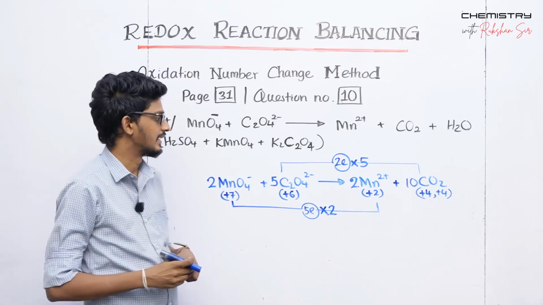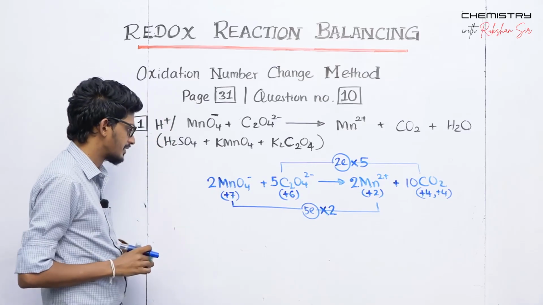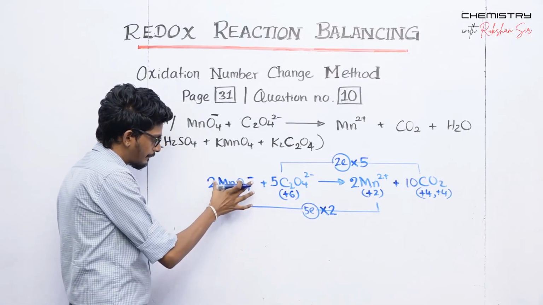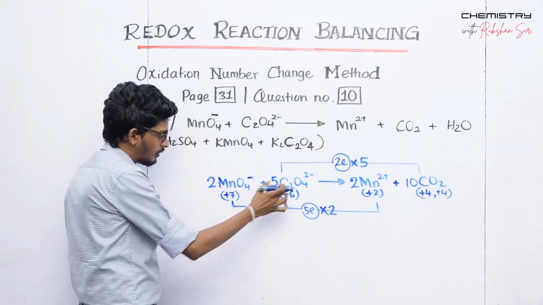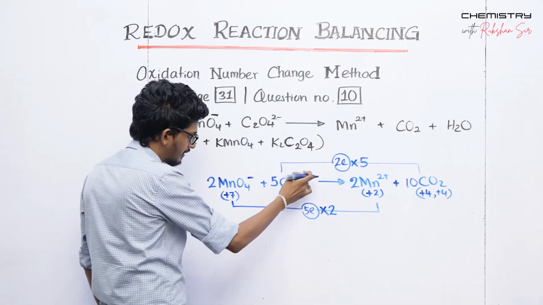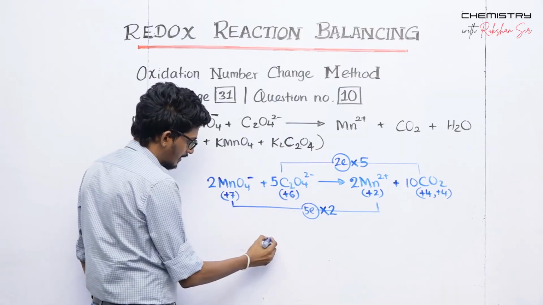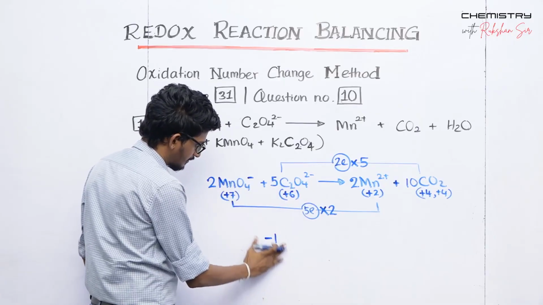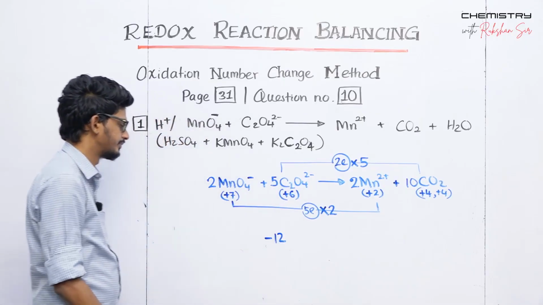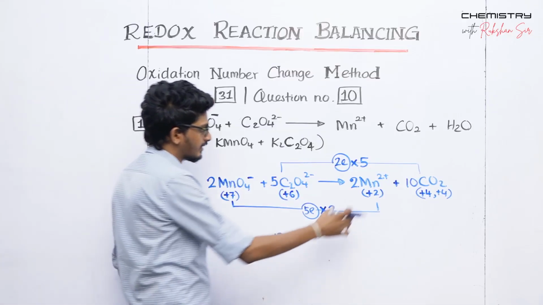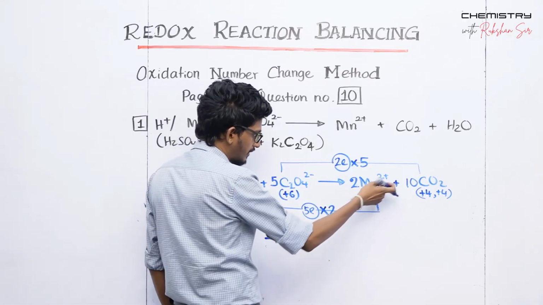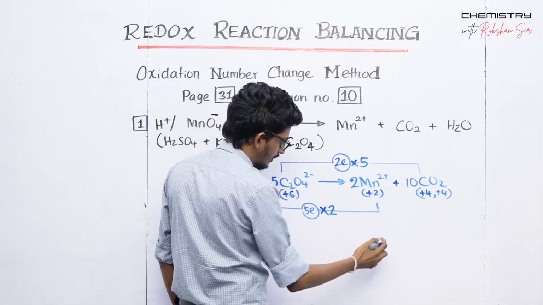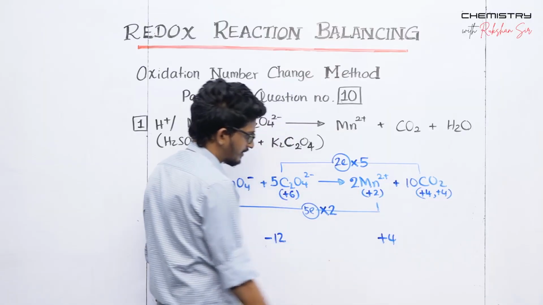Next one: balancing the net charge. Here the net charge is -2 per oxalate, and you have 5 particles with minus 2, that means minus 10, and with the minus 2 of permanganate that is minus 12 altogether. At this side, you have 2 particles with plus 2 charge, so plus 4 altogether, and here it is 0.